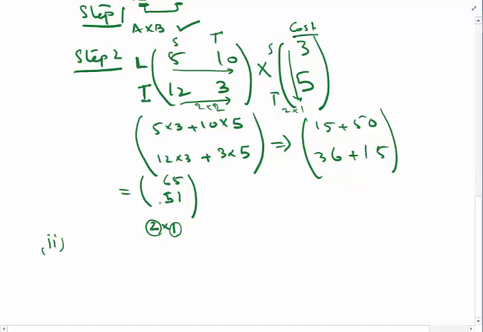Since the resultant matrix also inherits the significance from the rows of the first and the columns of the second, we can say the row significance is latte and iced coffee and the column significance is cost. So 65 shows what? The total cost of latte, and 51 shows the total cost of iced coffee.